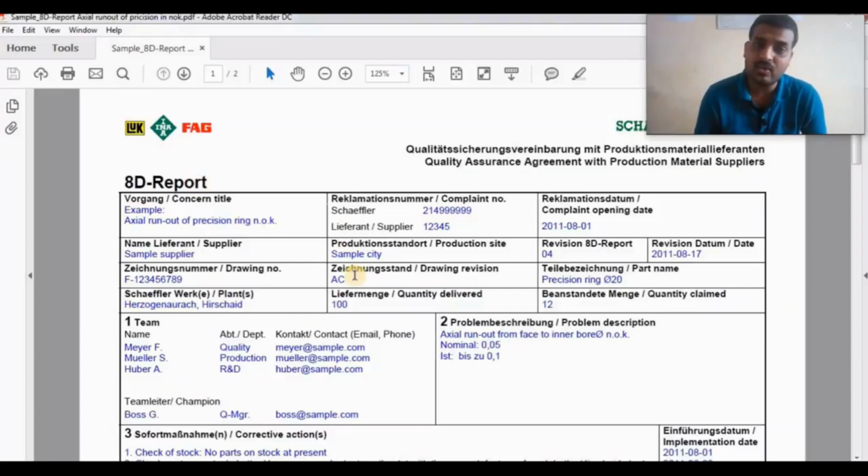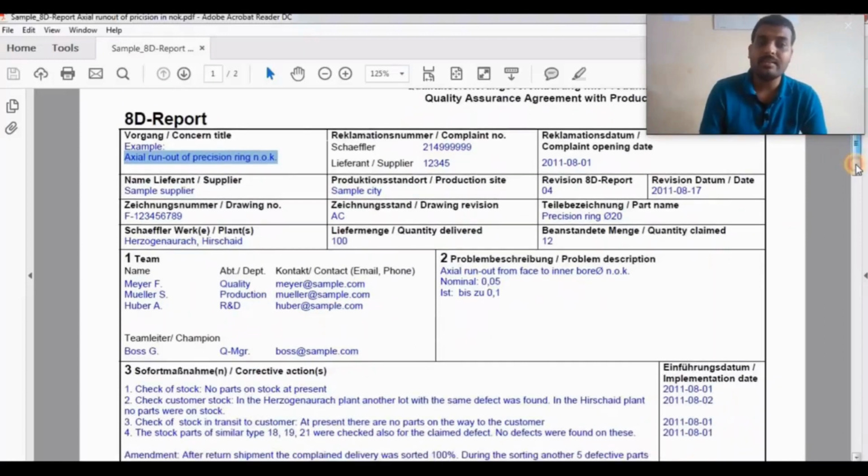For this D0 phase, you should have the concern title which you will get from the customer. It may be in any form. Then you should have the customer complaint, then the complaint date. In each and every revision report you should mention the revision number as well as the revision date.